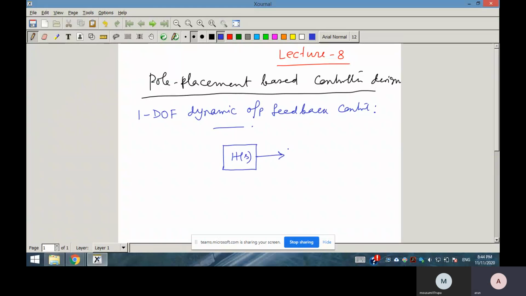So this is the feedback diagram. I am considering, say, output disturbance for the time being, and I am not considering any disturbance filter or something of that kind, but you can consider that also.